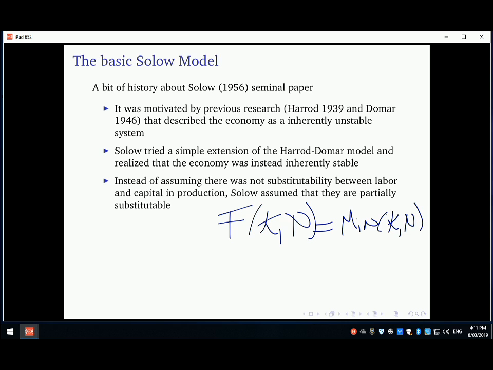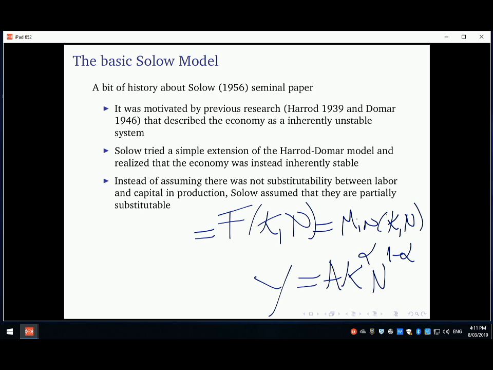We won't go over the details, but Solow assumed something like this. And that is a production function where capital and labor have some degree of complementarity, but they have some degree of substitutability. You could use more capital or more labor to produce the same output, basically.